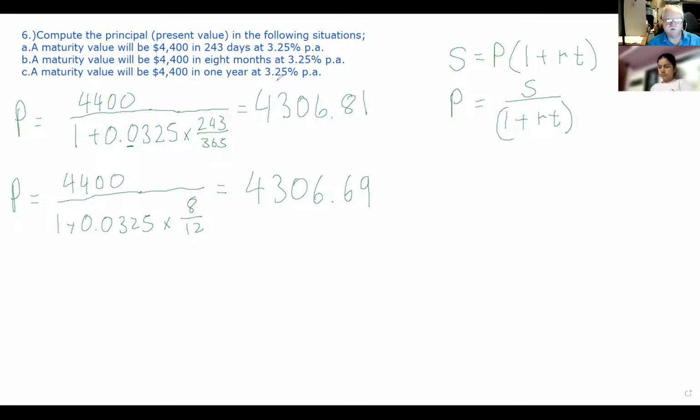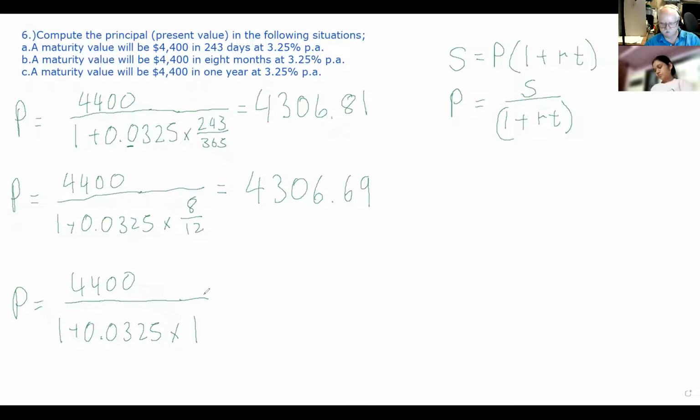And then we're going to do the same for 1 year. So principal equals 4400 over 1 plus 0.0325 times 1, basically. So I don't really need to do 1 times.